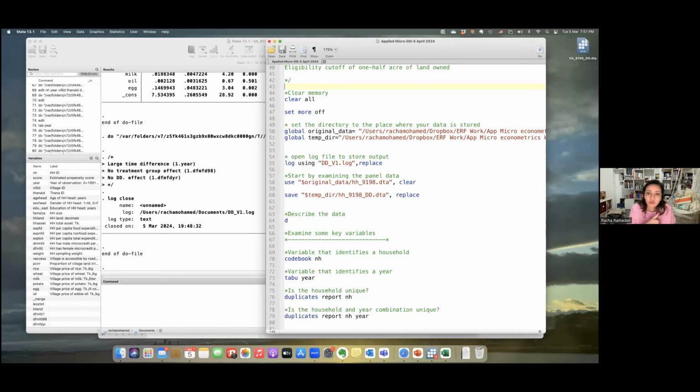So when you don't use the weight, it means that all your results are based on the sample you have only. You cannot generalize. Let me give you an example. If I calculate the poverty rate using the household survey in Egypt without weights, I cannot say that this is the poverty rate in Egypt.